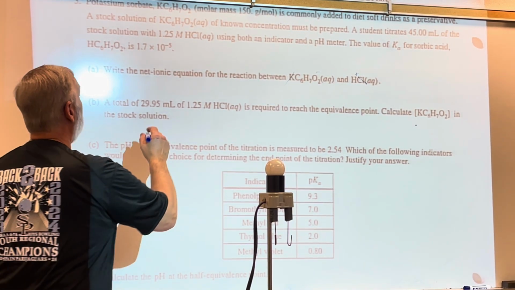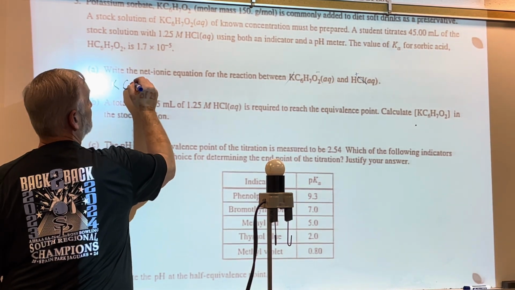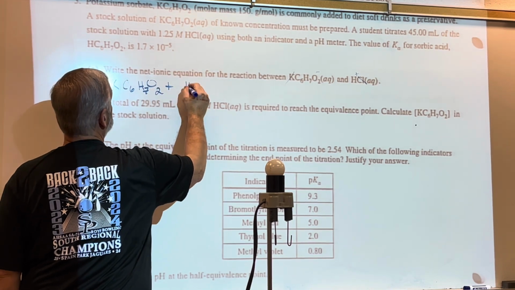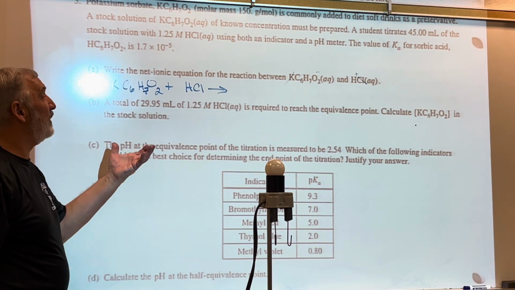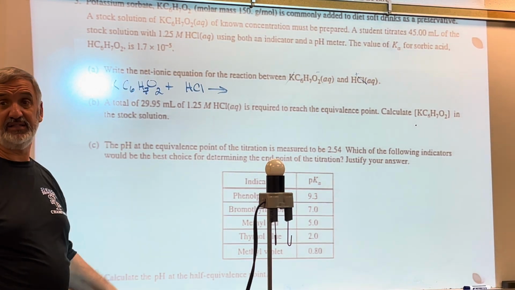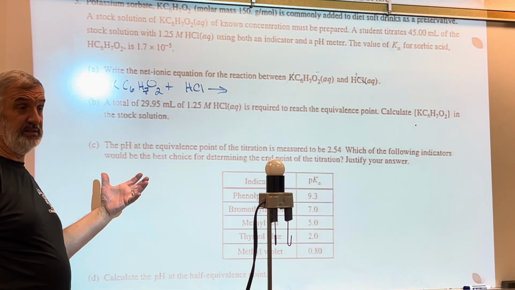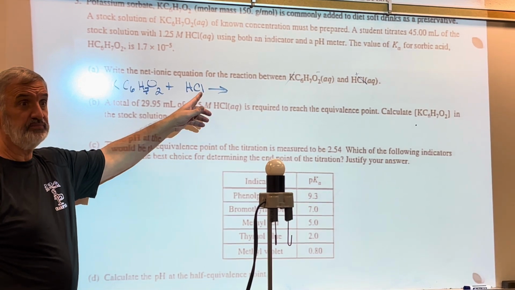Now, if you want to do the whole thing, we can do the whole thing, KC6H7O2 plus HCl. Now, how do you know what it's going to do just looking at this? Double replacement, positive, negative, okay?